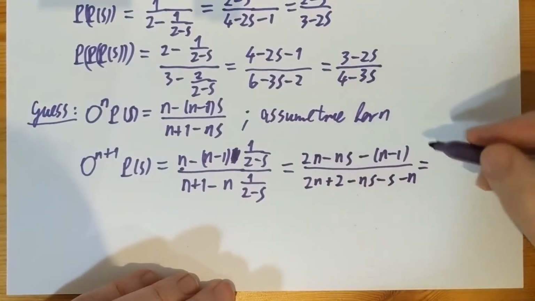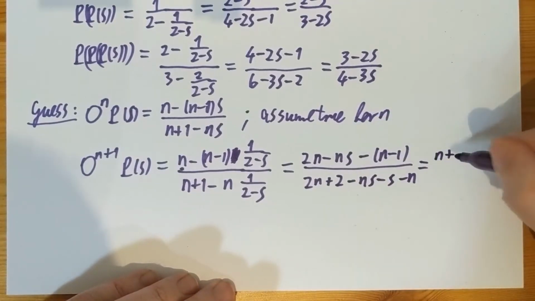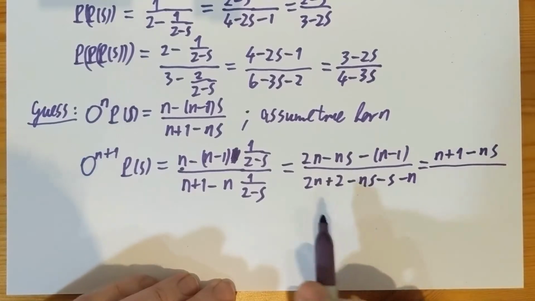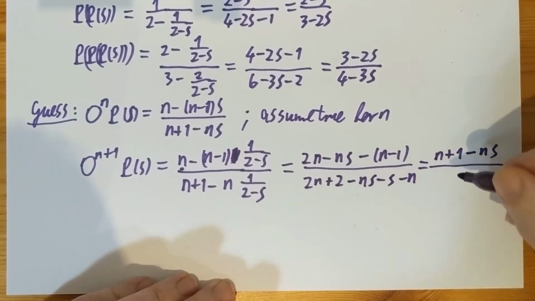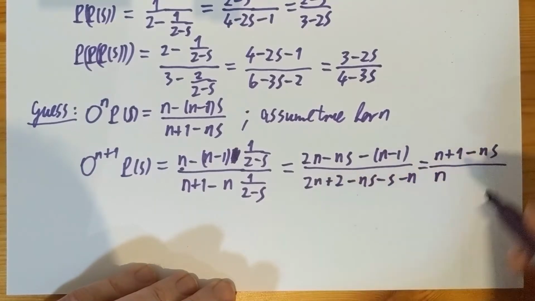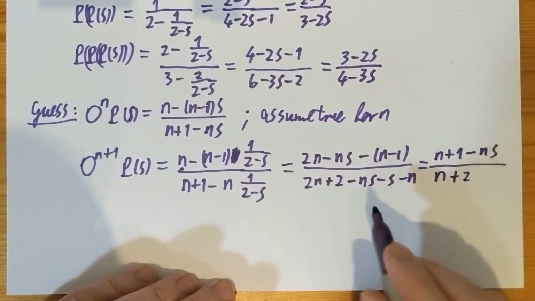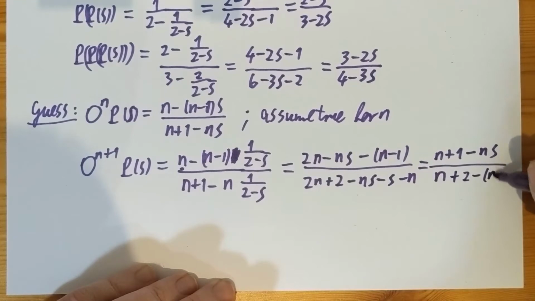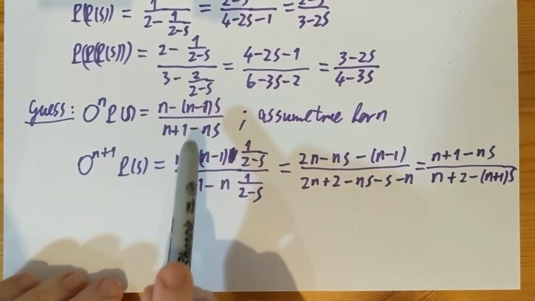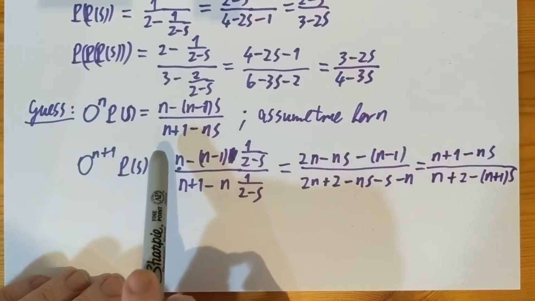We have 1n in total, and minus minus is plus 1, and we have a minus ns, and downstairs we have 1n in total, and we have plus 2, and we have minus (n plus 1)s, and this is the same as the formula before, except I increased n by 1.